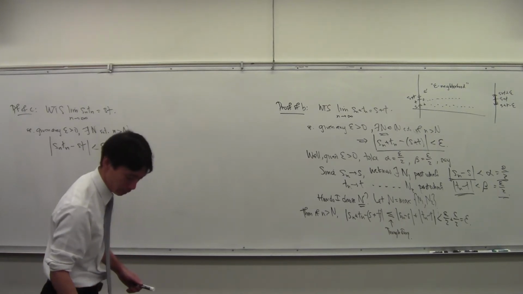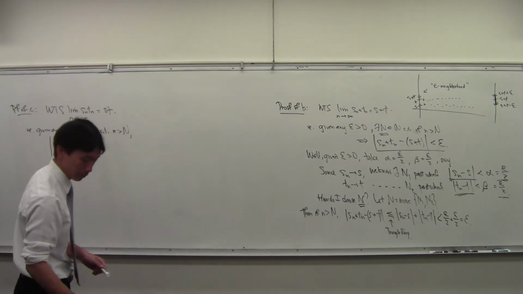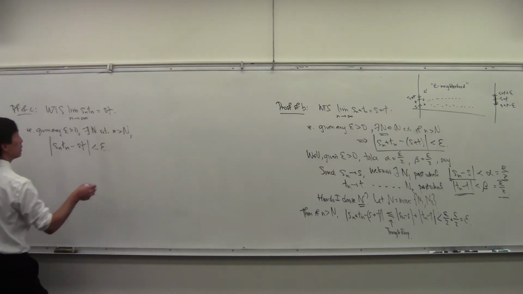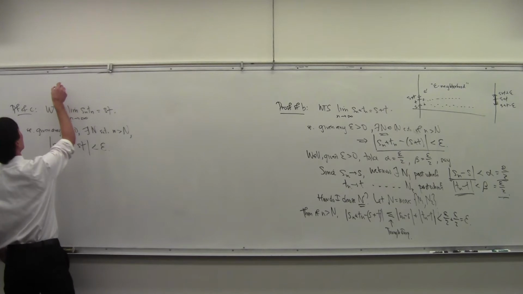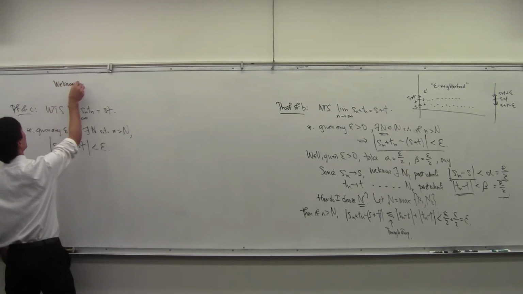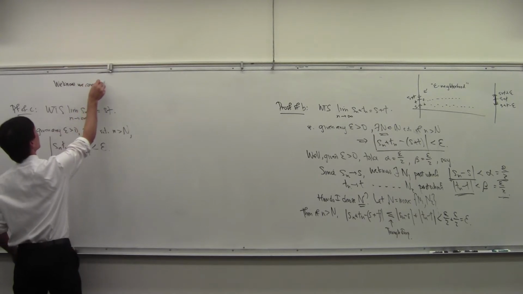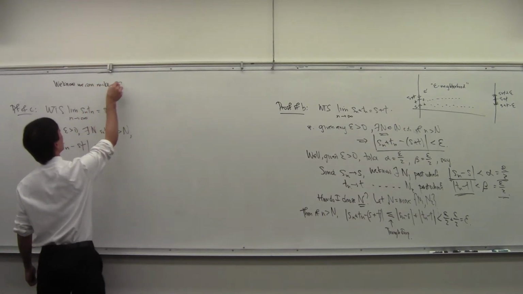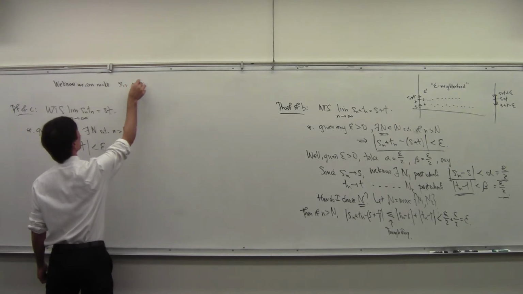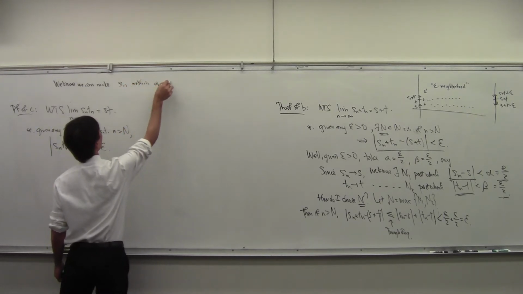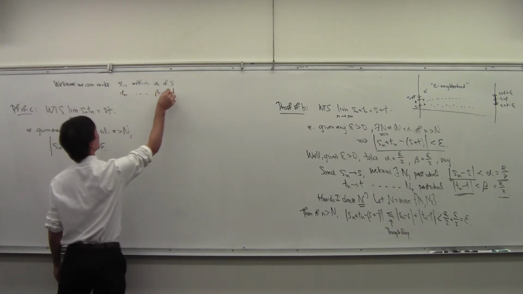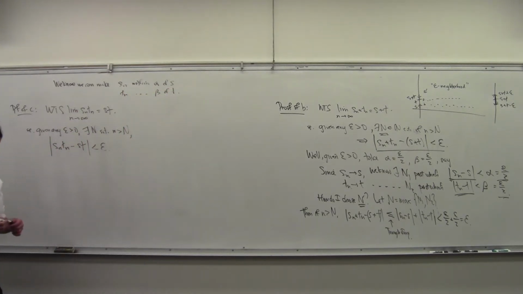Okay. And we know that we can make Sn within some alpha of S and Tn within some beta of T, as before.